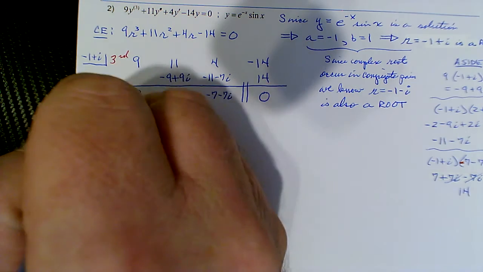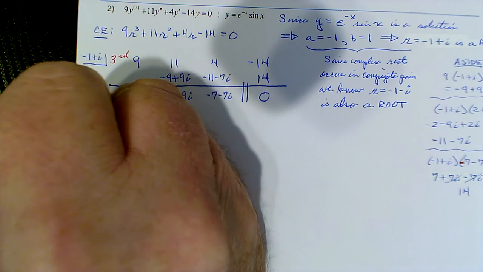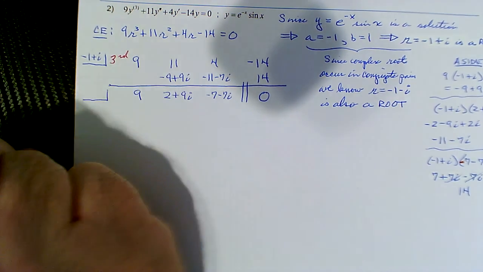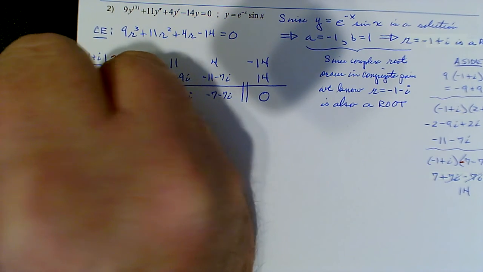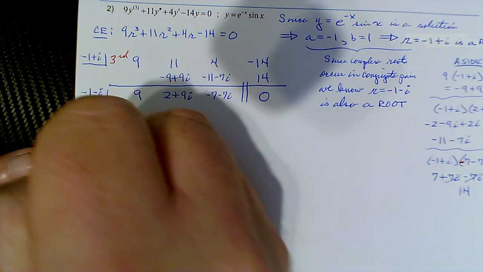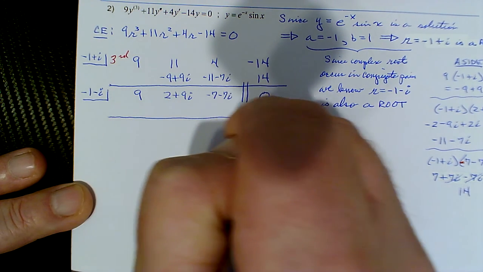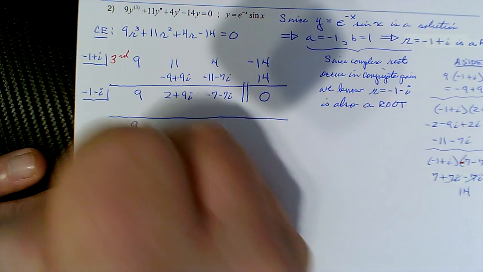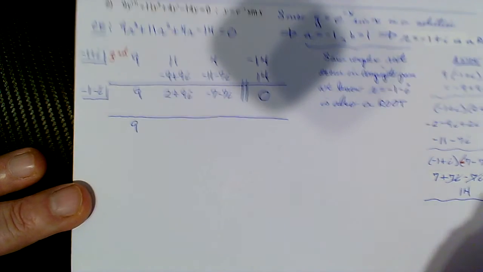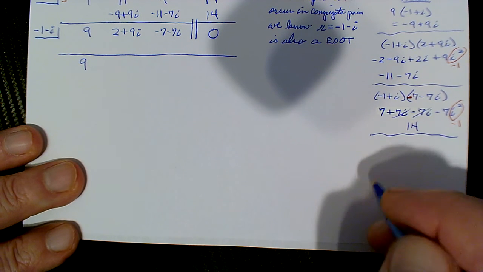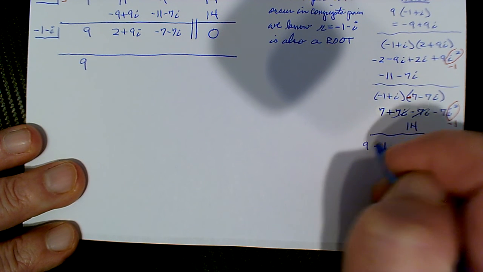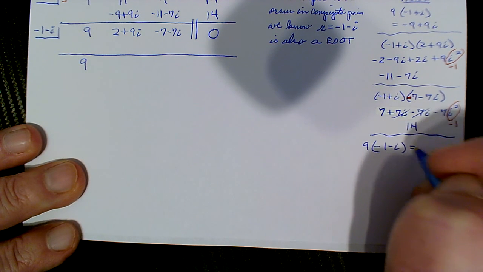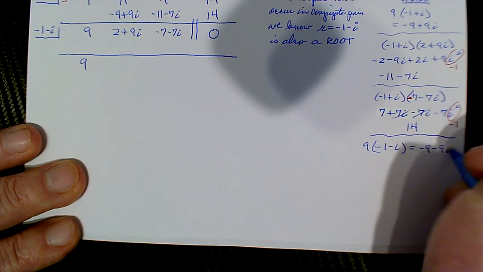So from this point, this would be the most advantageous thing to do. Just use that root, minus 1 minus i, and continue with synthetic division. So bring down the 9. We'll do this work aside again. So it's 9 times minus 1 minus i, minus 9 minus 9i.